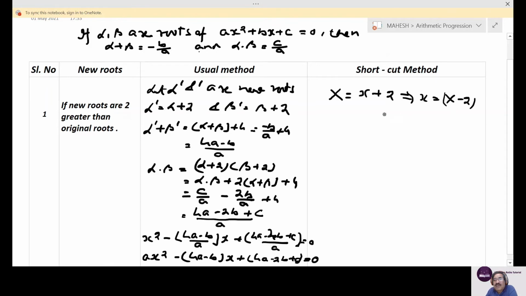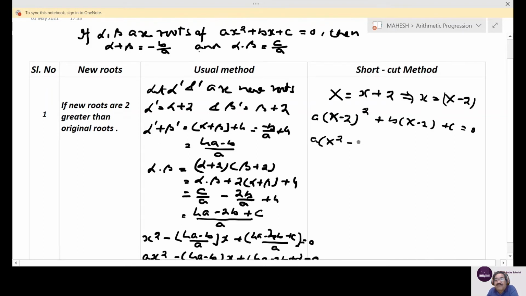Now we will put x is equal to X minus 2 in the original equation, ax square plus bx plus c. Then it will be a (X minus 2) whole square plus b (X minus 2) plus c is equal to 0. Therefore, it is a (X square minus 4X plus 4) plus bX minus 2b plus c is equal to 0.